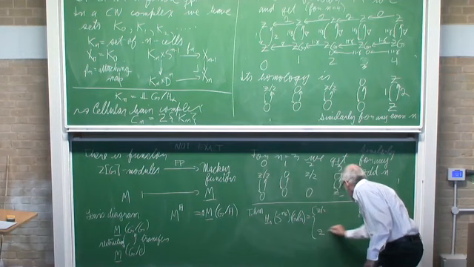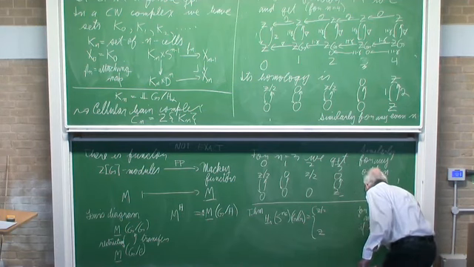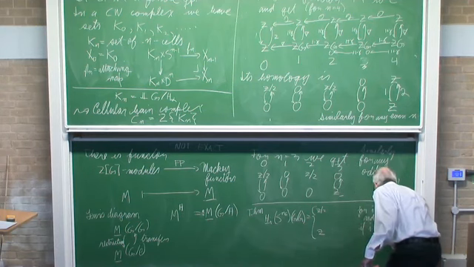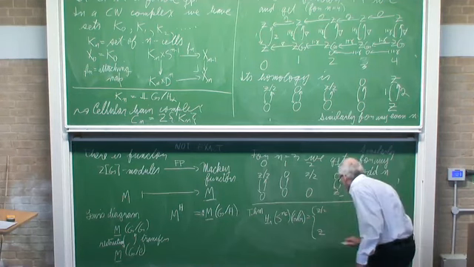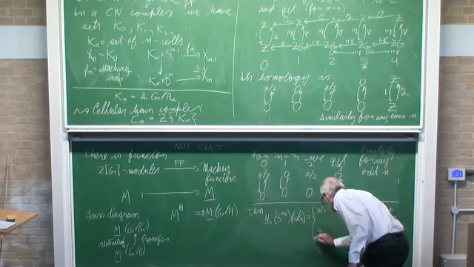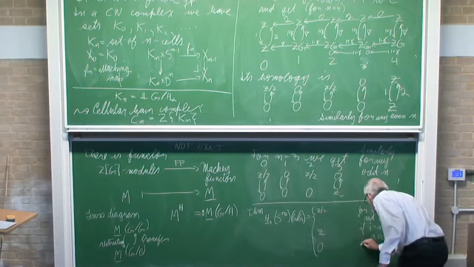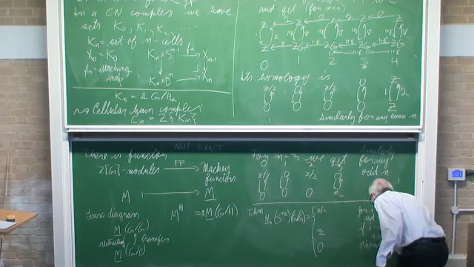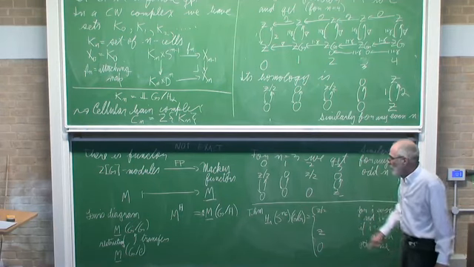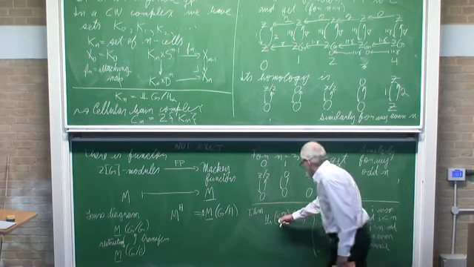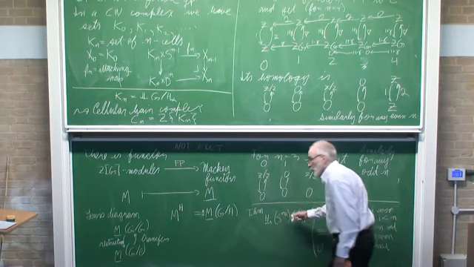It's Z if i equals n and n is even. And otherwise, in all other cases, it's 0. So that's a description of H_i of S^{nσ} evaluated on G mod G.